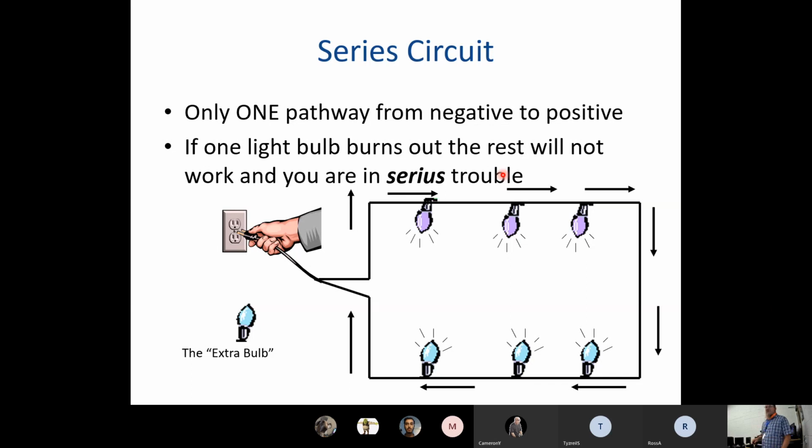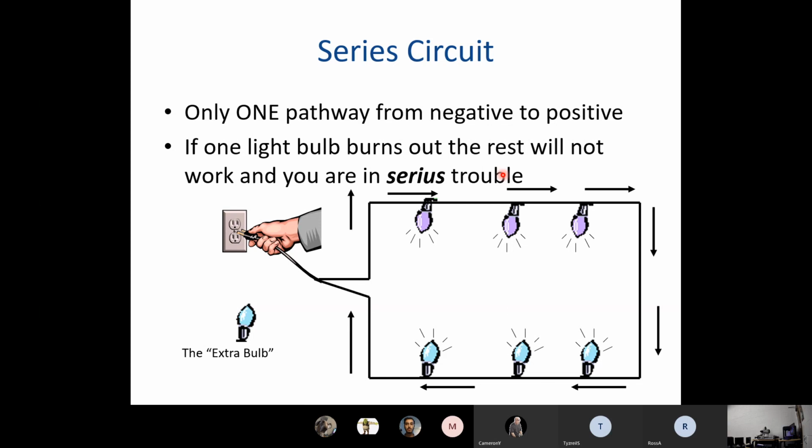The first one is called a series circuit. A series circuit only has one pathway. It goes from one side of the terminal to the other side of the terminal, and it has to pass through every resistance or load that is on that wire. So it can't skip anything.